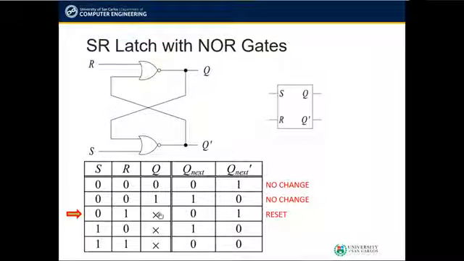If Q is 1, Q next will become 0. This behavior of the SR latch is called reset, since the present value of Q is always reset to 0 on its next value. Q next prime is simply the complement of Q next for this input-output behavior.